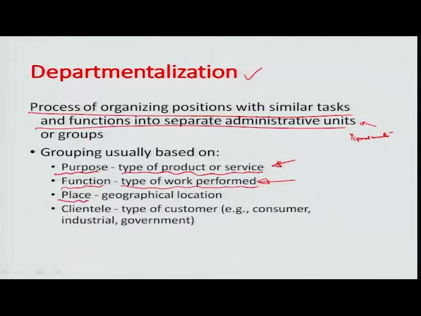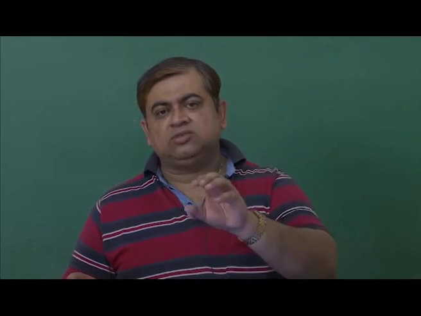There could be geographical location wise departmentalization. For example, if I talk about providing service to the vehicles, there could be one service center or one service office, head office, which could be in probably the north zone 1 or north zone 2, meaning thereby that some states are covered under that particular office.